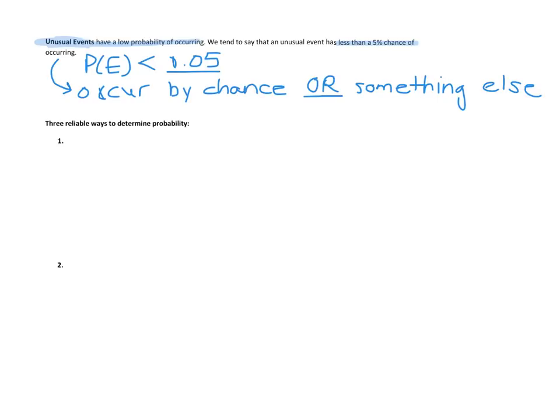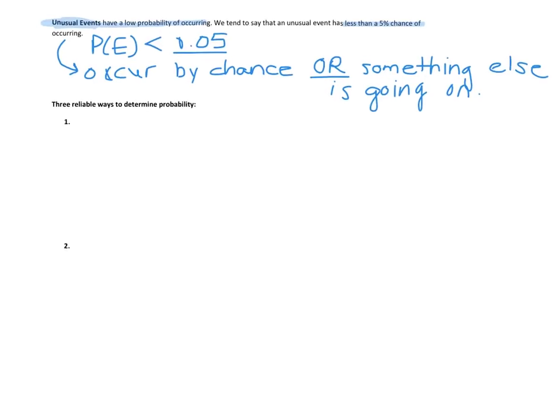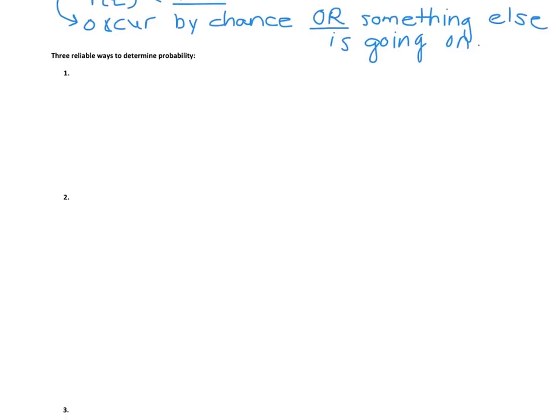Or something else is going on. That's why unusual events are important in this class, because something is wrong with the picture we're looking at, or else low occurring events wouldn't be happening. But we'll talk more about that in Chapter 8.